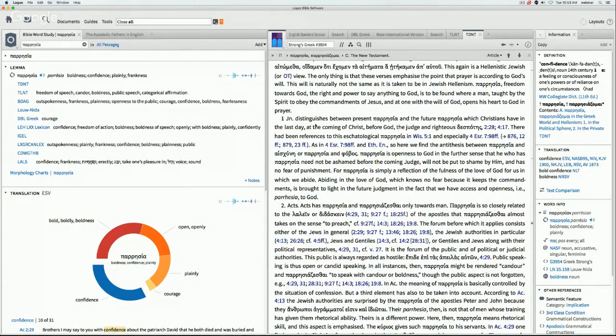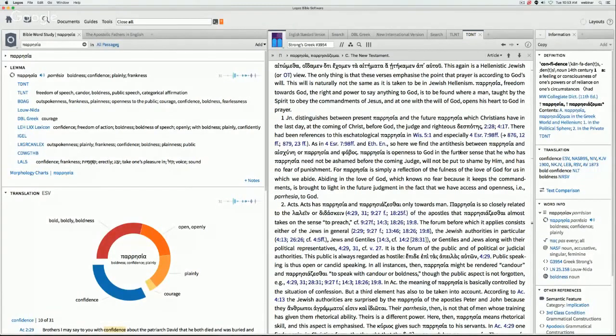Okay, so here the author notes that John distinguishes between a present parousia and a future parousia. We have a present confidence and a coming confidence, which Christians have in the last day, the coming of Christ before God, the judge and righteous.